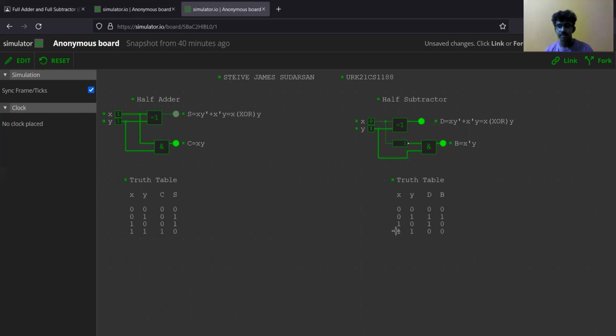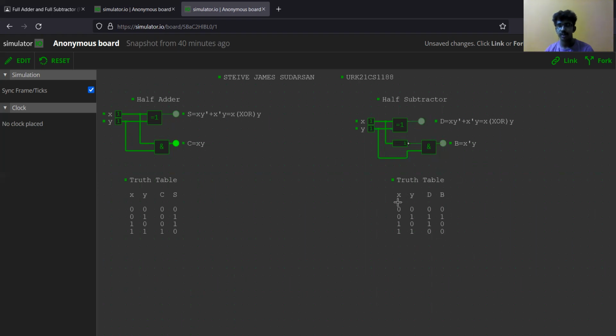Again, when I switch x as 1 and y as 0, only the D bulb glows. We can check with the truth table that 1 and 0 gives difference as 1, but there is no borrow. The same when both variables are on, x and y are 1 and 1, we get both outputs as 0 and 0, so neither bulb glows.